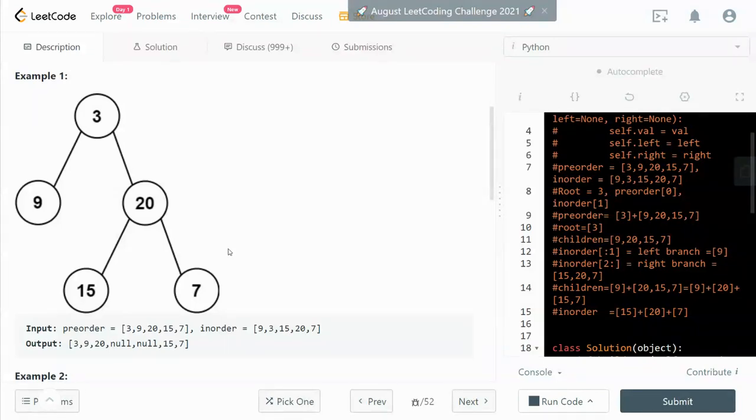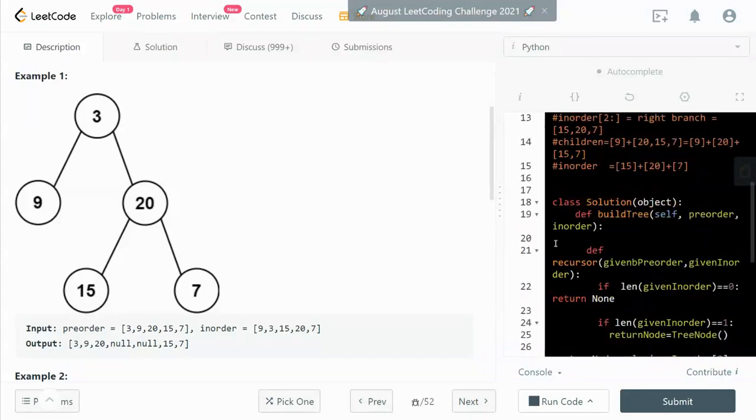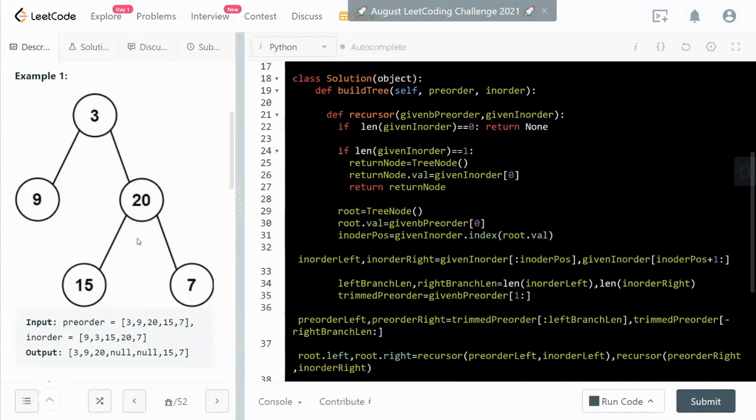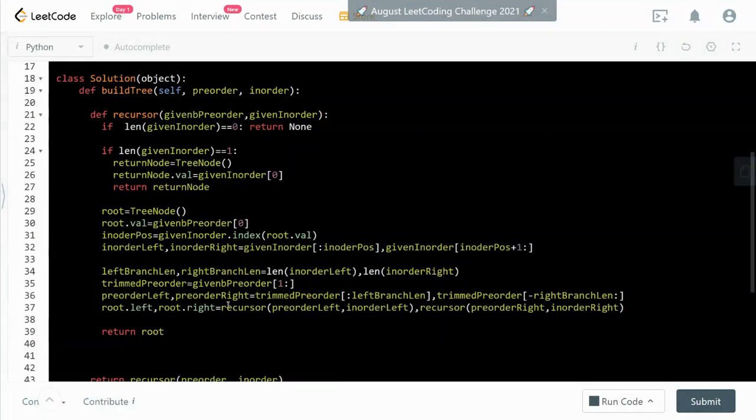For a tree that's completely imbalanced, we have to hold the whole recursion stack. In that case, it is also big O of n. And then I don't think we store any other variables. Oh yeah, maybe we need some lists here and there for the imbalanced tree, and that takes a bit of space as well. But in total, the space complexity is still big O of n.